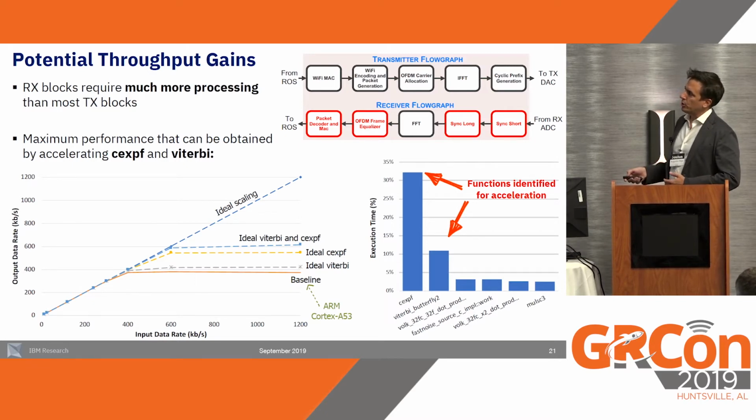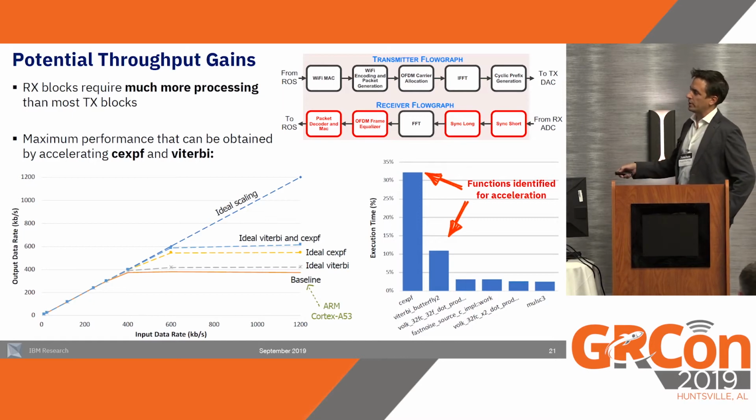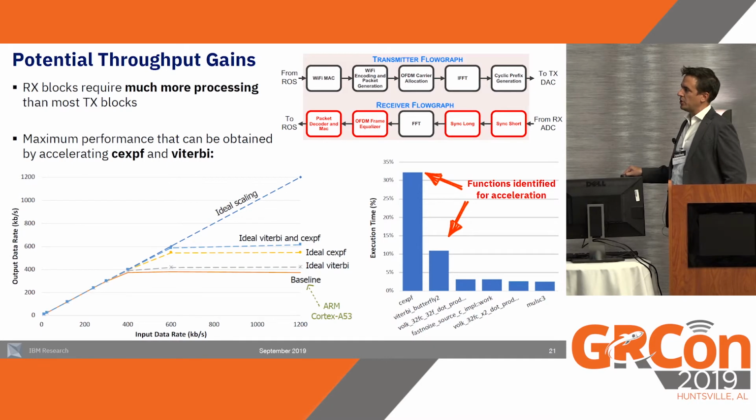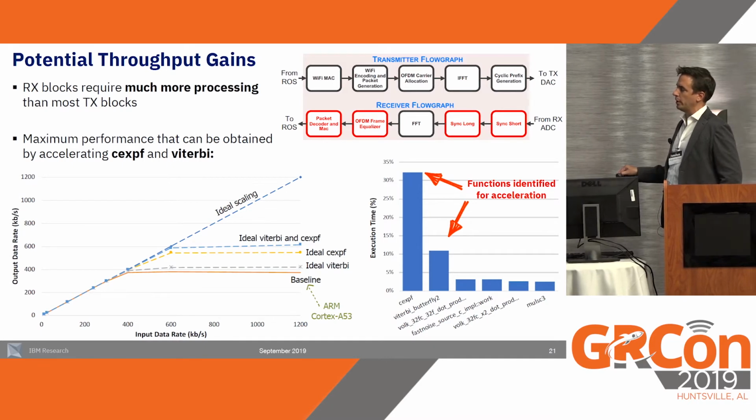We measured the rate at which the receiver can decode data as a function of the rate at which we inject data into the transmitter, which is this chart here. Ideally, we want the receiver to keep pace with the transmitter, which is this ideal scaling line here. But what we see in our baseline, which is an ARM Cortex-A53 processor, is that the receiver actually hits a saturation point.